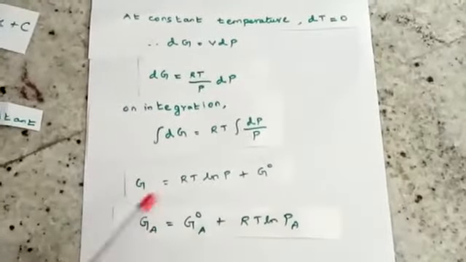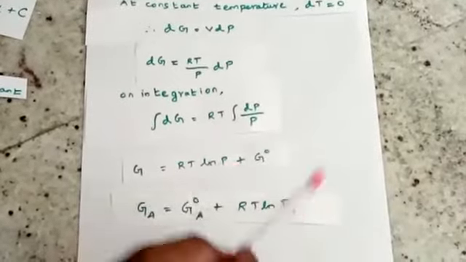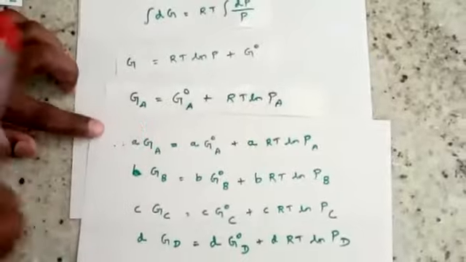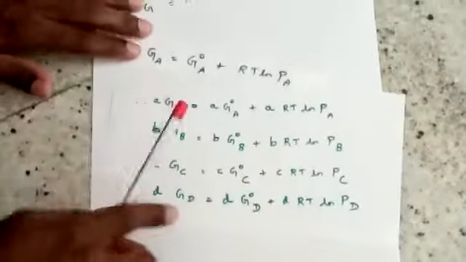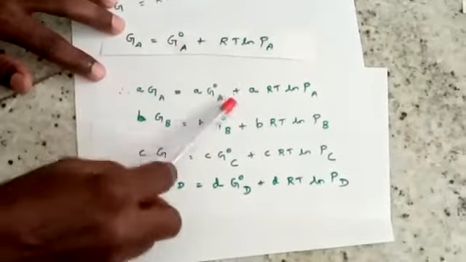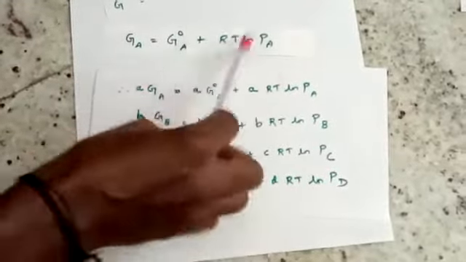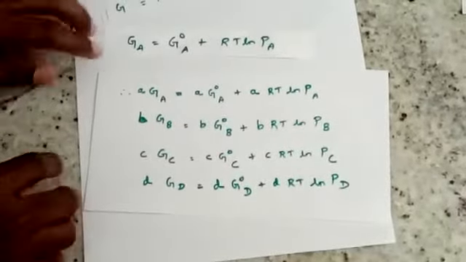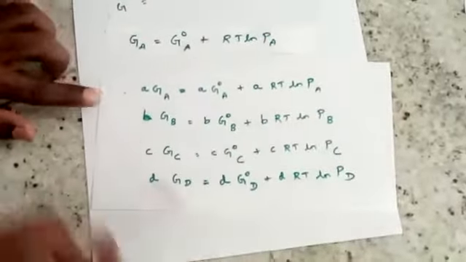GA equals G naught A plus RT ln PA. Therefore aGA is equal to a G naught A plus a RT ln PA. We should multiply small a on both terms. Likewise bGB equals b G naught B plus b RT ln PB, and likewise the remaining.